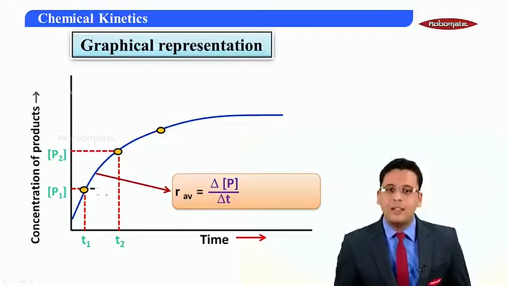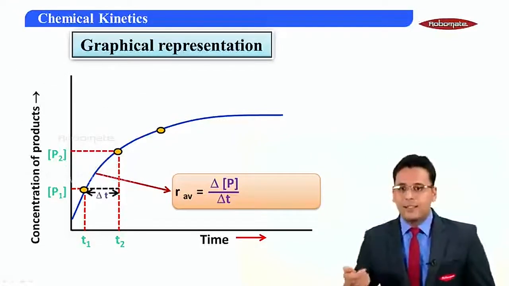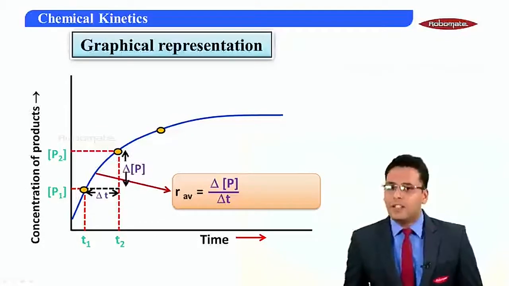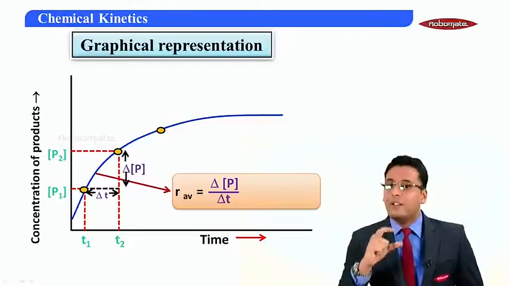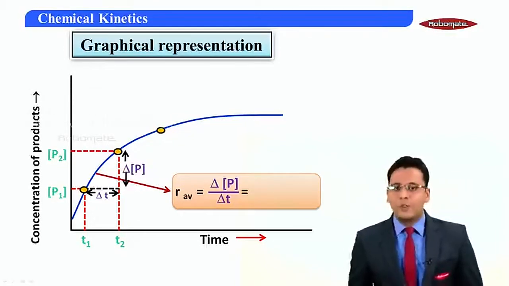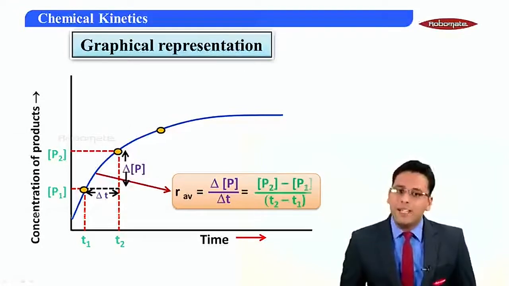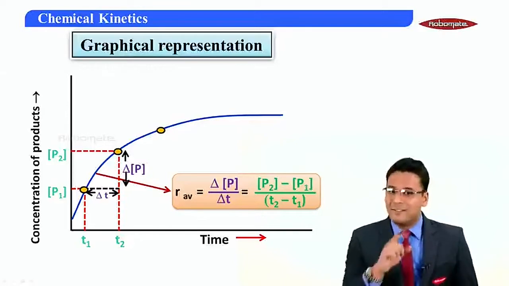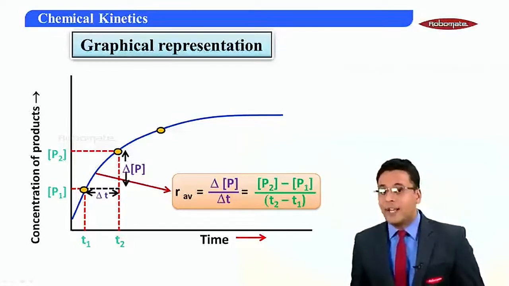Once again, if you check, this is the difference in time, delta T, and this is the difference in concentration. Now you will see that the difference in concentration is positive in this case. If we have to expand this, it will be P2 minus P1 upon T2 minus T1. Once again, we are calculating the slope of the line.